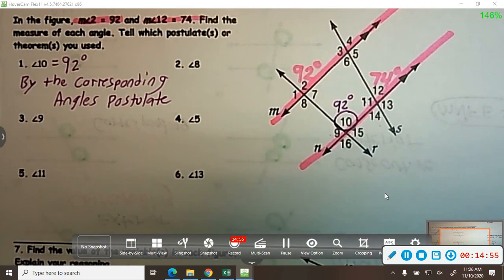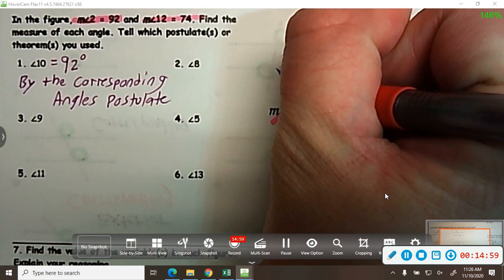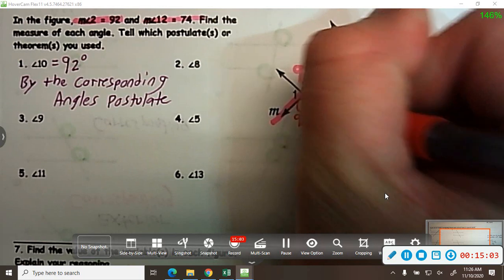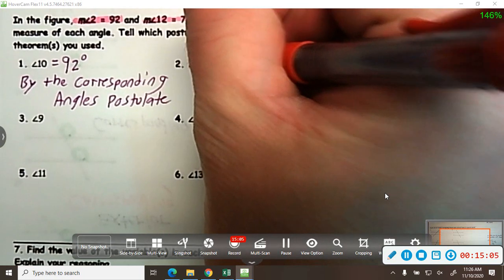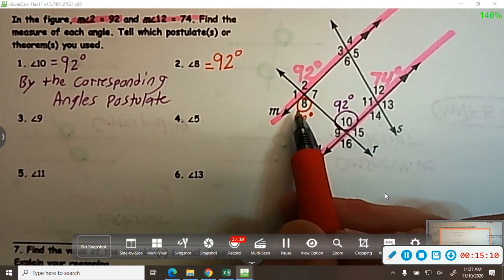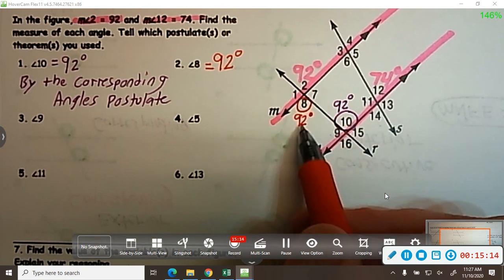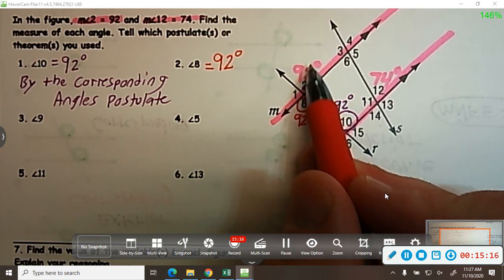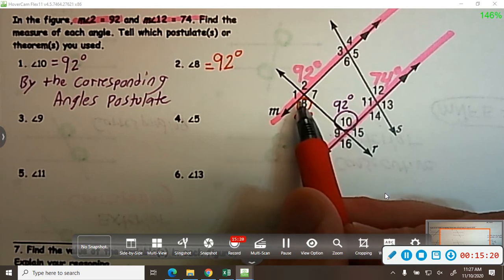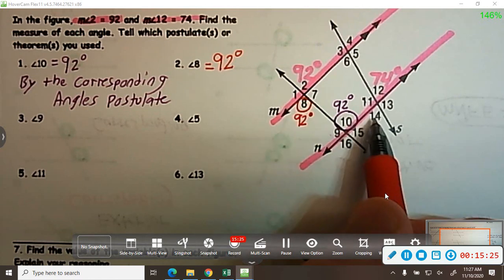Now let's do number 8. So number 8 is right here. I'm going to say number 8 is 92 degrees. Now there's two ways I could do that. I could use the fact that these are vertical angles, which is called the vertical angles theorem, or I could relate these two, and those are alternate interior, which the alternate interior also says they're congruent.